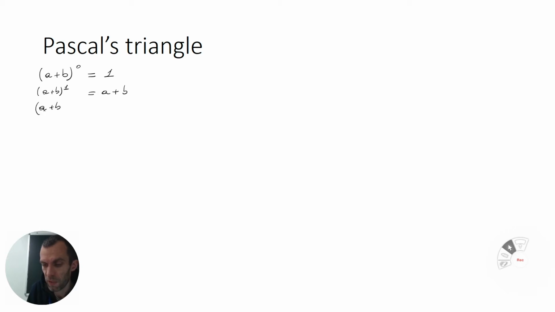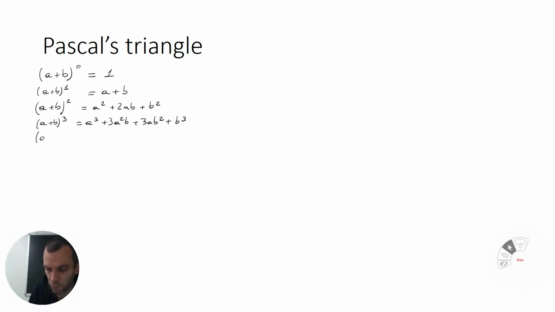A plus b to the power 2 is a squared plus 2ab plus b squared. A plus b to the power 3 is a to the power 3 plus 3a squared b plus 3ab squared plus b to the power 3.